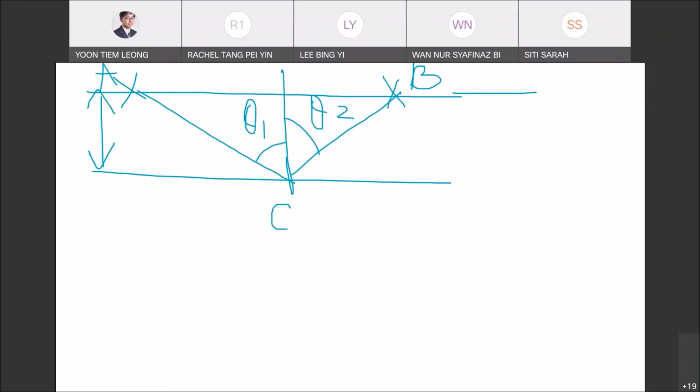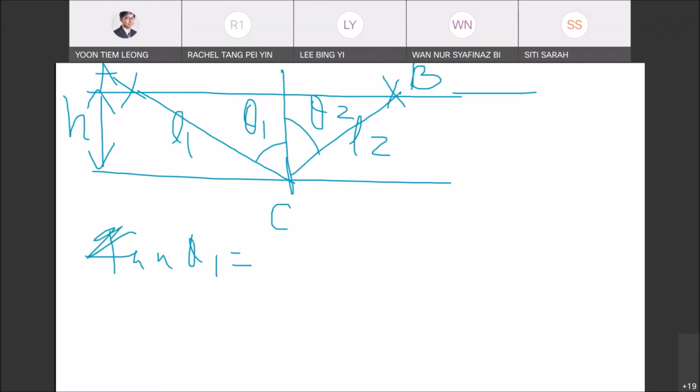So if this is the same, I call this H, a constant. Again, I label here as L1 and L2. Then L1 and L2 are related. Tangent theta 1 is equal to, not tangent, I think it's sine.